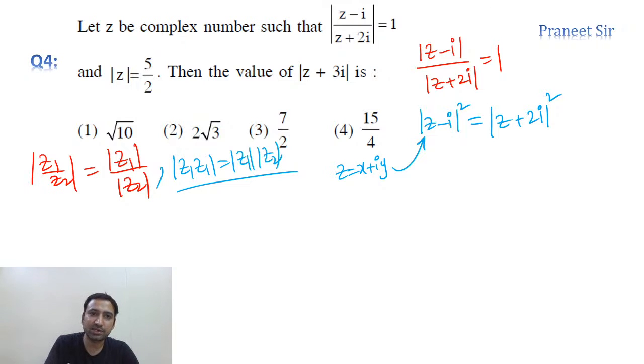And another condition is mod z is equal to 5 by 2. This is another condition. Try it and let me know if you get the answer. We'll discuss whether it is correct or not.